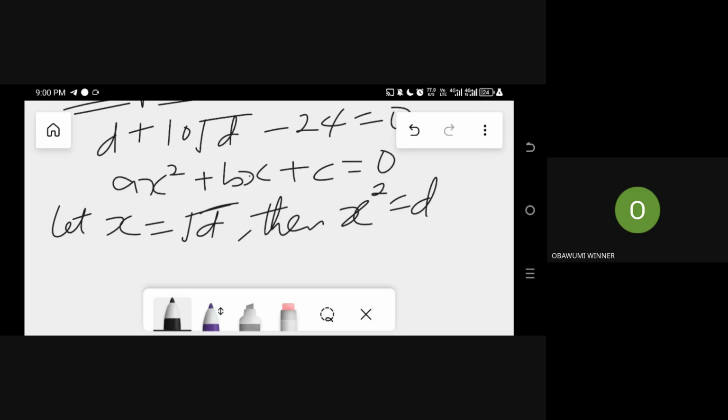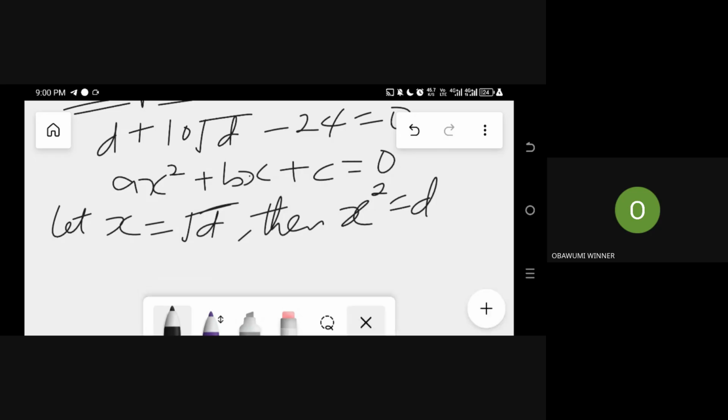You say let S equal the square root of D, that's that one with the square root. It's exactly the same thing you did in example 1. If S equals the square root of D, then to get the value of D, you have to square both sides. That means you say then S squared is equal to D.